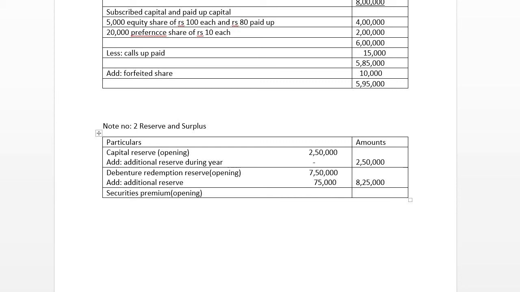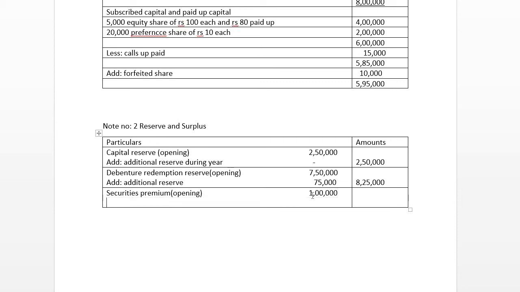Suppose the securities premium is given as 1 lakh. Then suppose any additional reserves are given for the current year, at that time we are going to add that. If not given, we are going to keep it as blank, then the 1 lakh amount stays as it is.